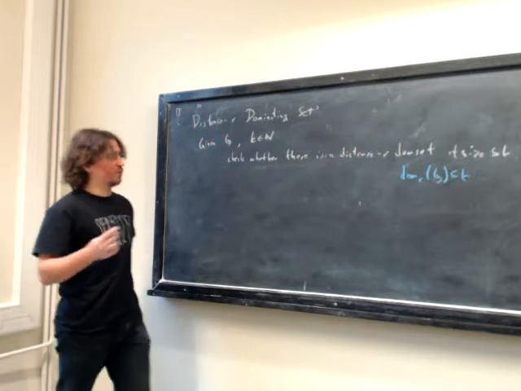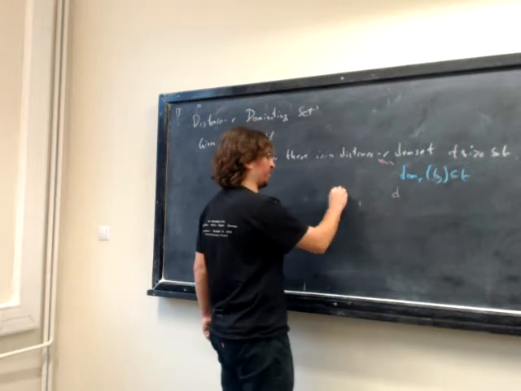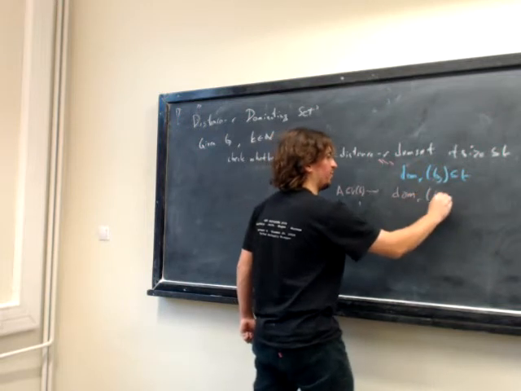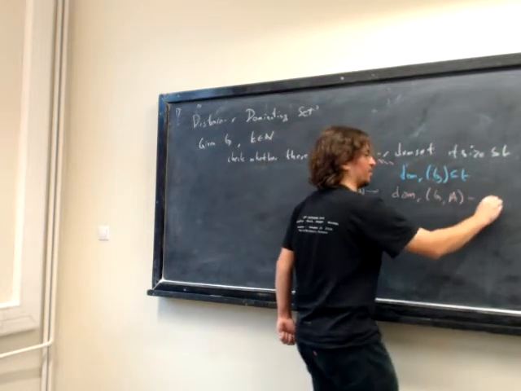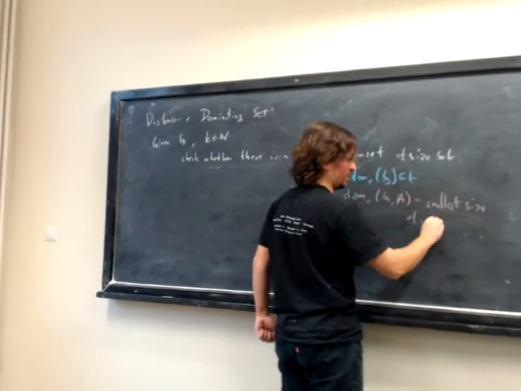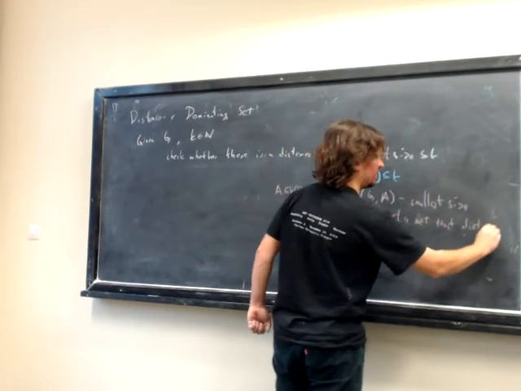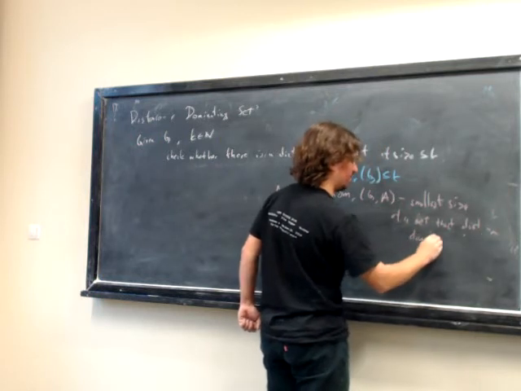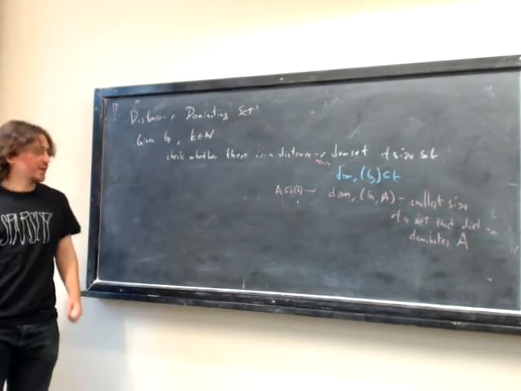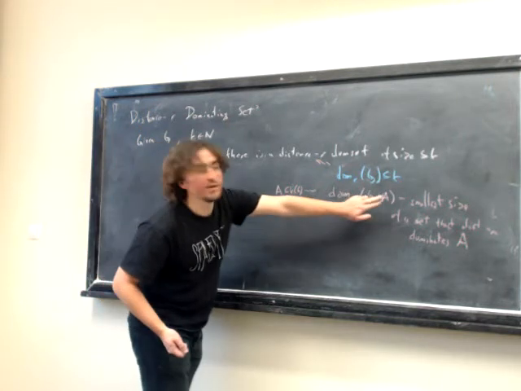It will also be convenient to use the following notation: for a subset of vertices A, I can define the number dom R of G, A. This is the smallest size of a set that distance R dominates at least this A. So if I care only about dominating some subset of vertices A, then I write it like this, dom R of G and A inside.